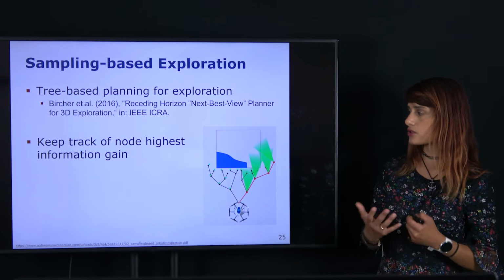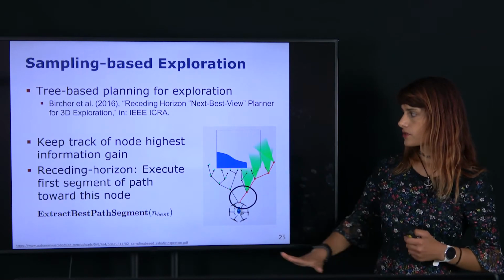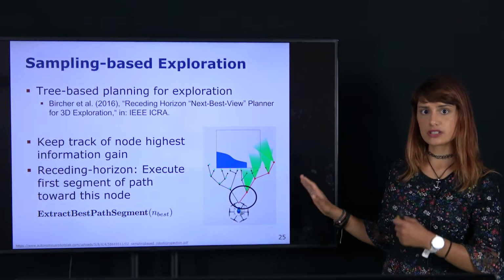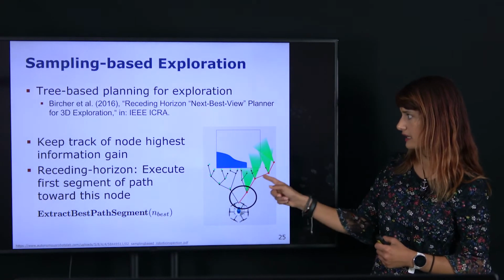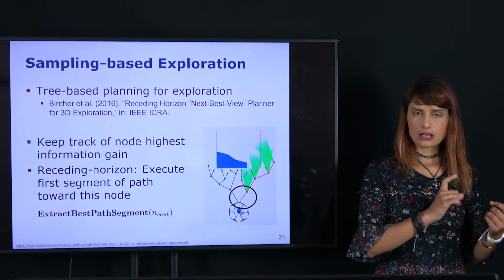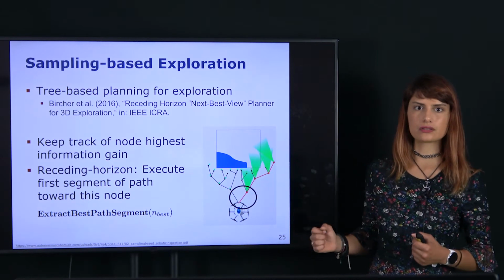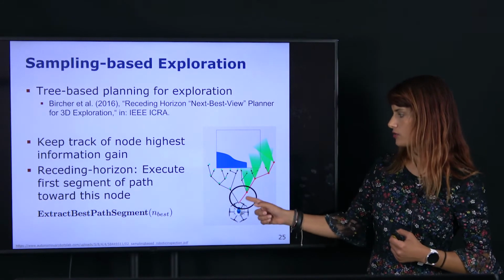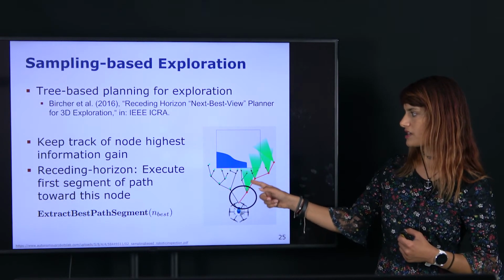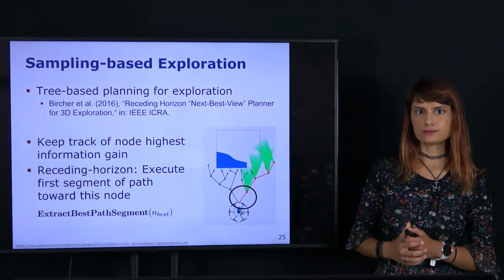And then the way the tree-based planner works is in a receding horizon fashion. So when we have grown the tree for a given number of iterations, we stop and take the node with the highest information gain, trace its parents, and then execute only the first segment of the path towards this node. And then the robot stops and recomputes the tree using the best branch as the initialization point in order to keep track of the best solution.